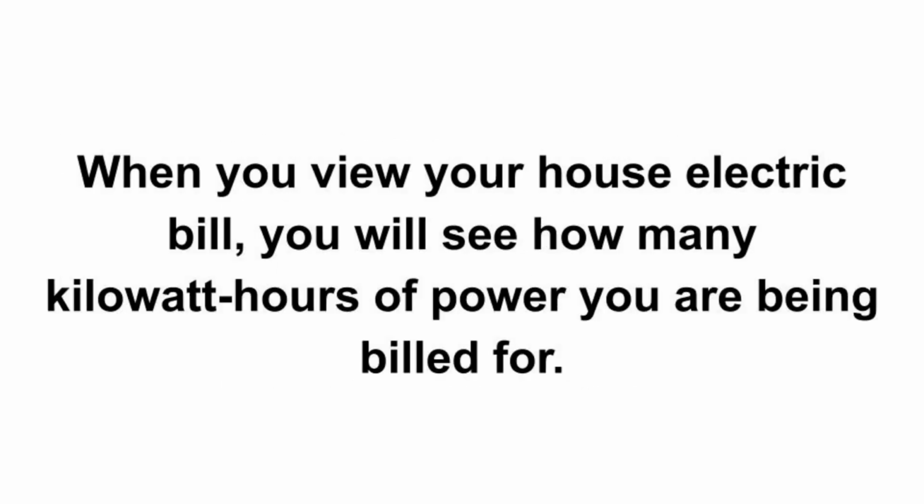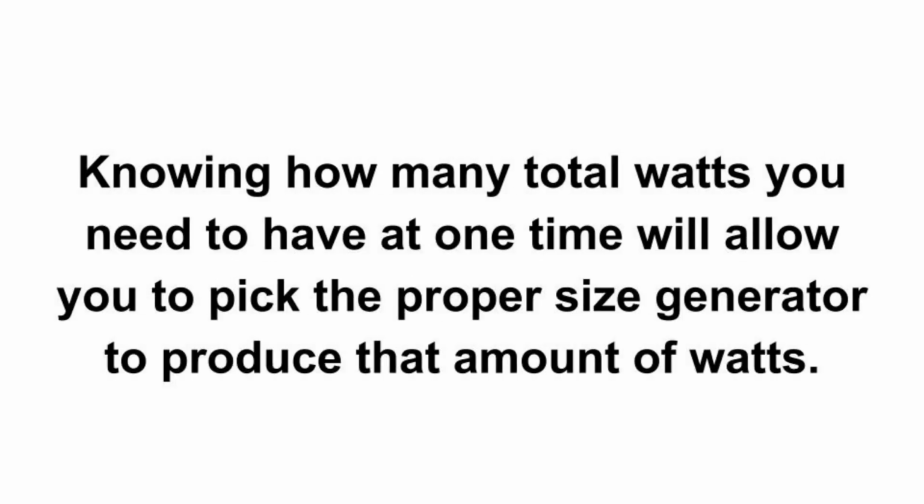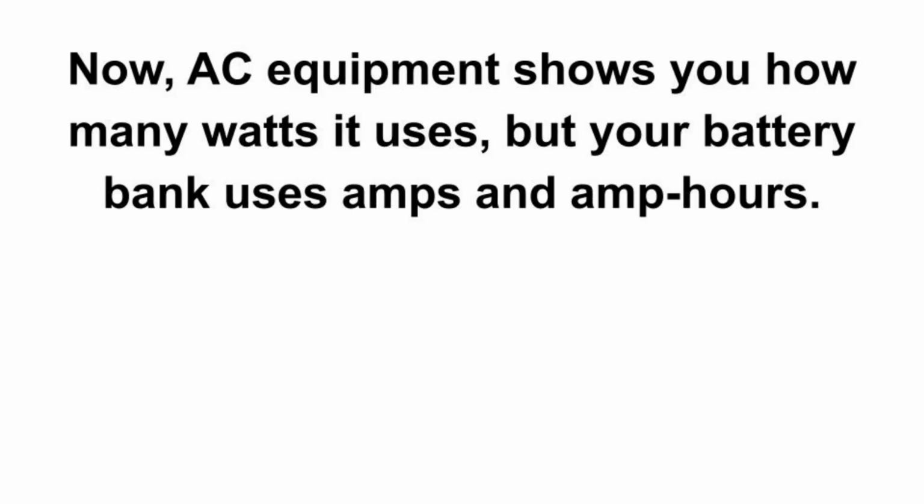When you view your house electric bill, you will see how many kilowatt hours of power you are being billed for. Knowing how many total watts you need to have at one time will allow you to pick the proper size generator to produce that amount of watts. Now, AC equipment shows you how many watts it uses, but your battery bank uses amps and amp hours.